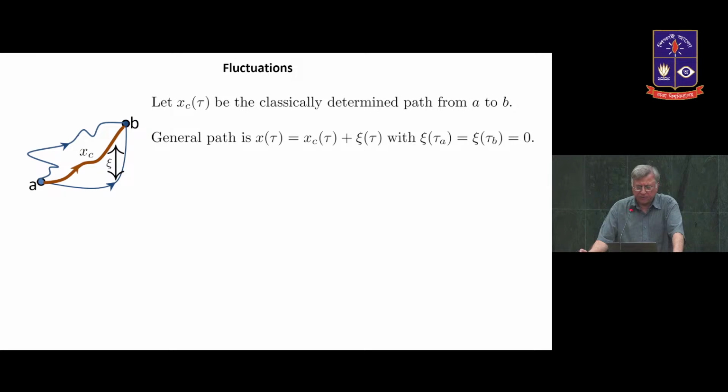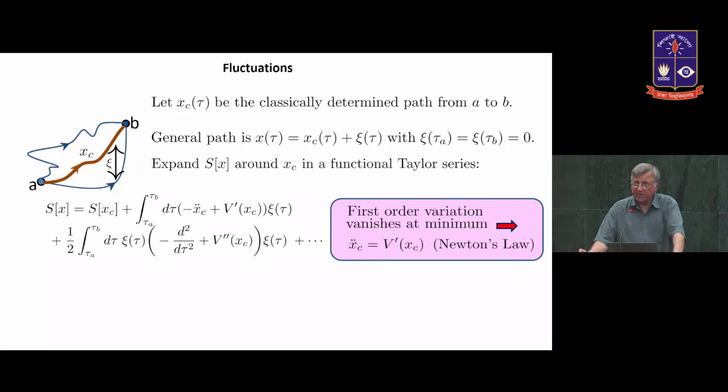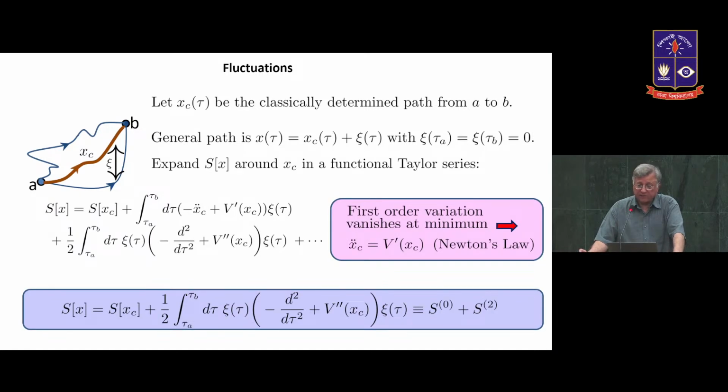And here's what you get. But of course, because we've identified the equations of motion from the principle of least action, we can just throw away the term linear in xi, and we're left with the fluctuation term. So that's as far as we can go with quadratic fluctuations.